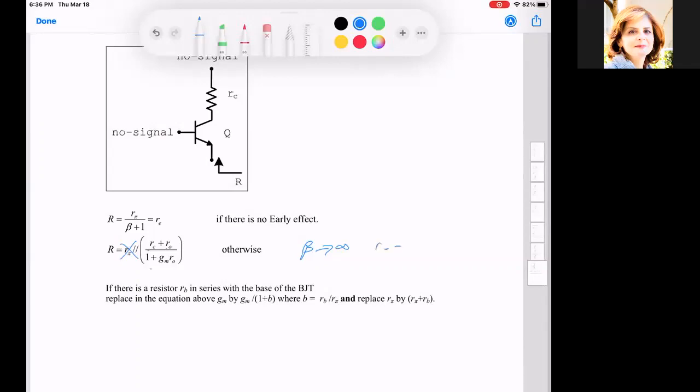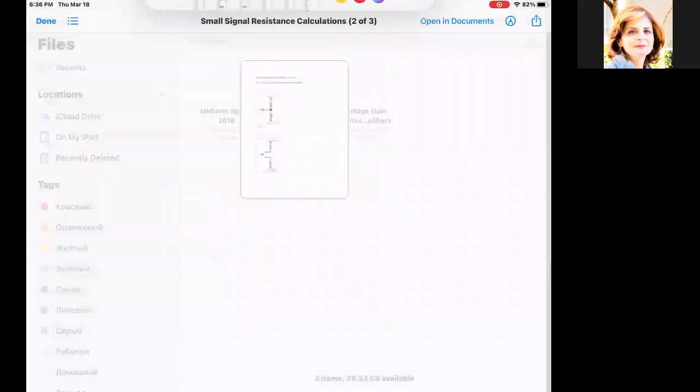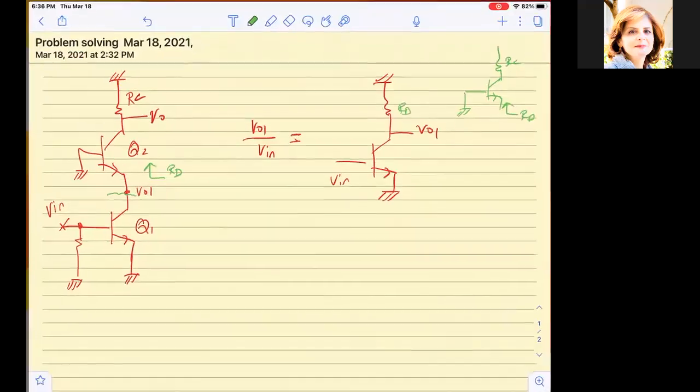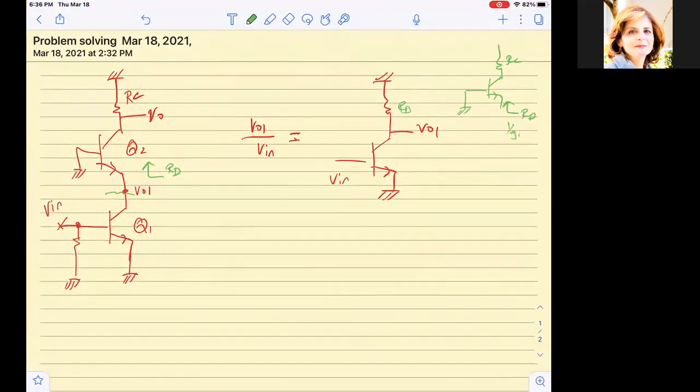Now, if RO also tends to infinity, this all becomes 1 over GM, because this dropped out, and here we have RO over 1 plus GM RO. These are negligible terms. Okay, so I can now find the effective resistance. So here I see 1 over GM.